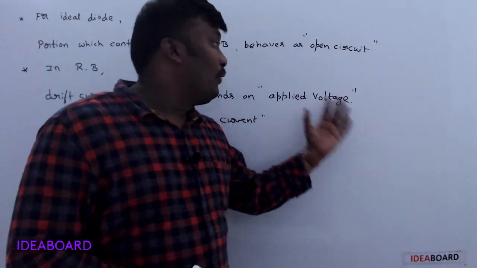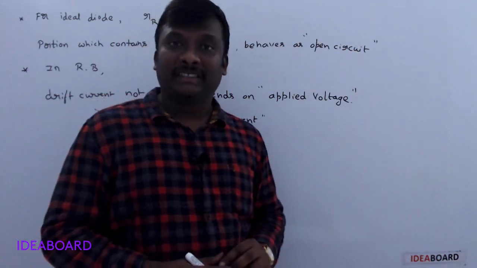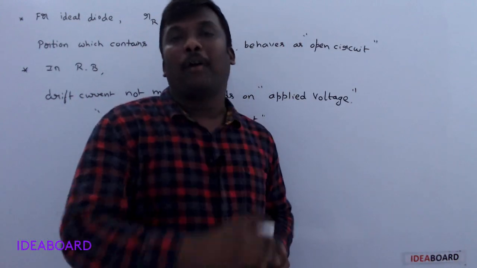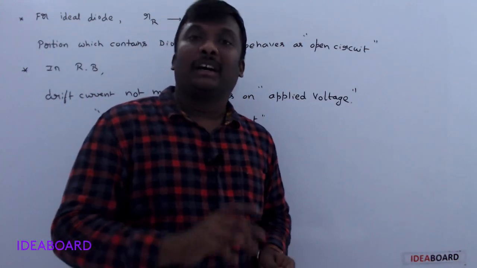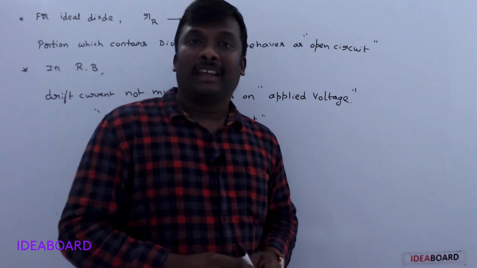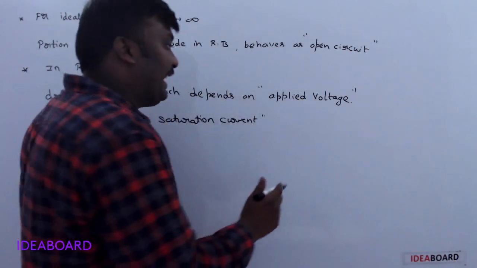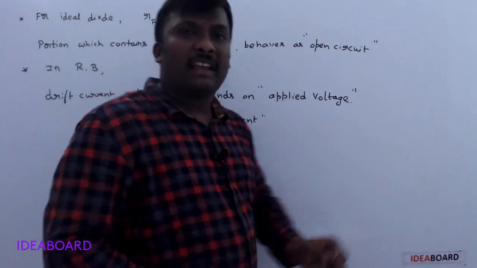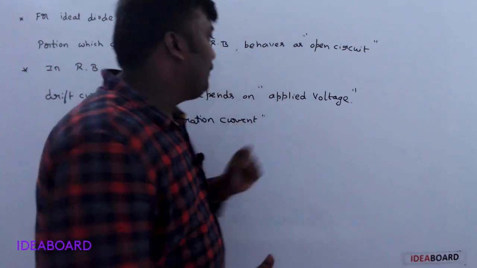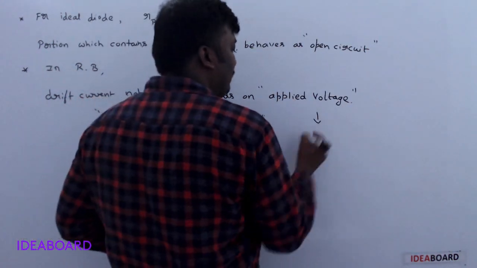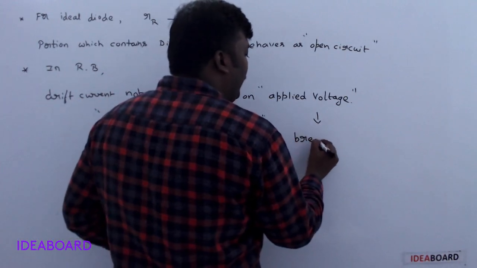If you increase the voltage further, then after a certain point of voltage, the PN junction diode is damaged. That indicates the current abruptly increases at a particular voltage. That particular voltage is called the breakdown voltage.